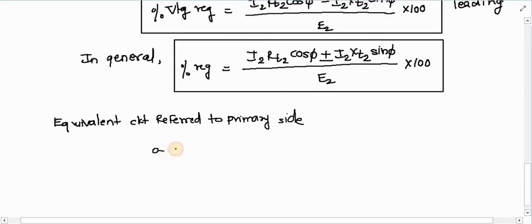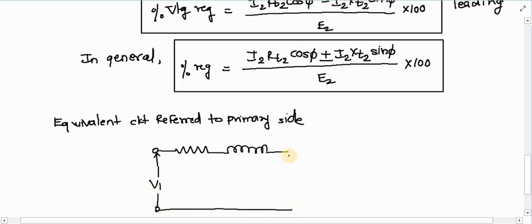On primary side, this is your RT1, this is your XT1, this one is your V1 as it is because V1 is not transferred on the secondary side, and this one is your load. So this is your RT1, this is your XT1, this is your I1, and this one is your V2 dash.